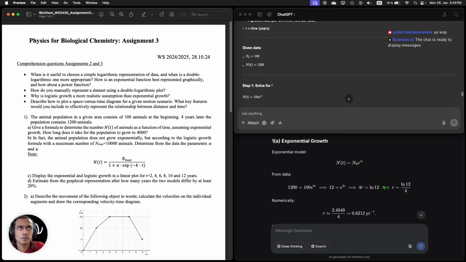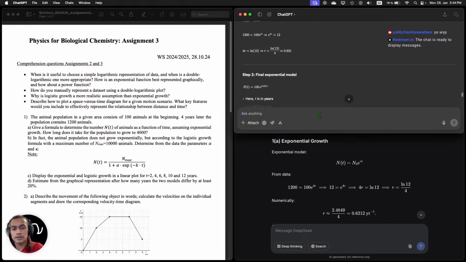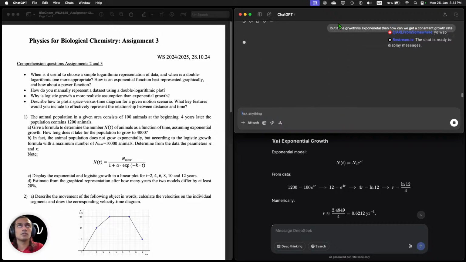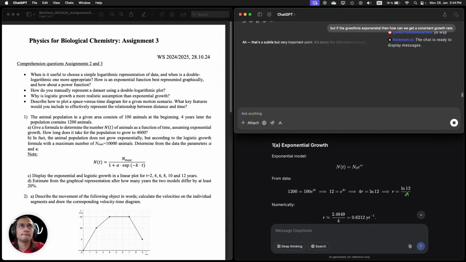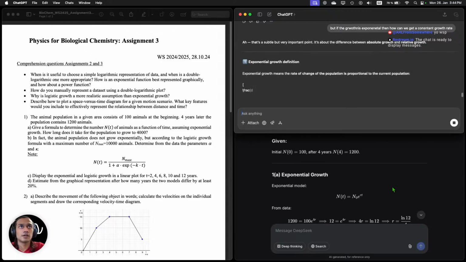But if the growth is exponential, then how can we get a constant growth rate? I need to know how to find R.